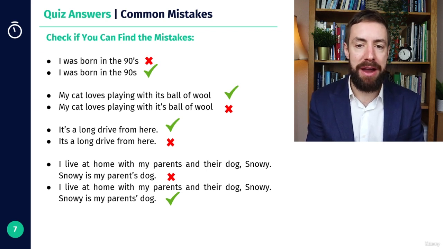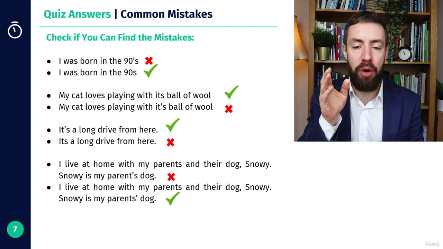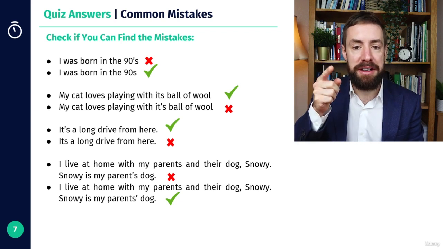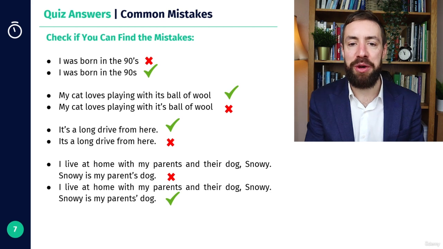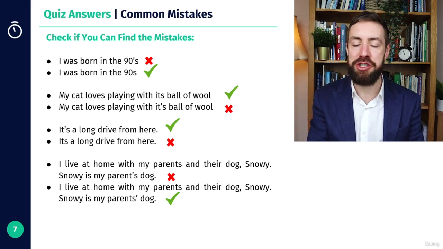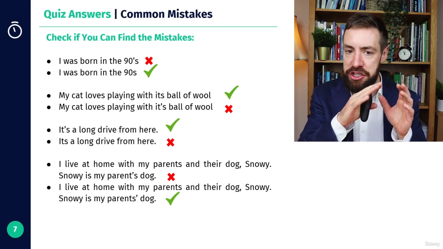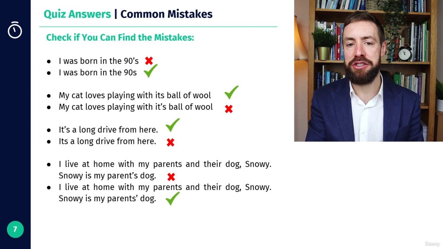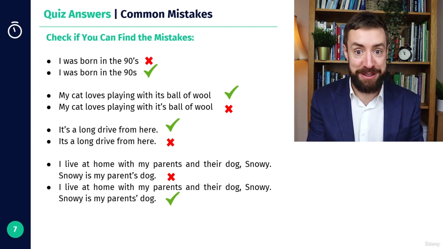Snowy is my parents' dog. So it's parents, more than one parent, mum and dad. And then it's apostrophe after that. All right? Because we're not going to add that extra S, just like Francis's course and Jess's class. We're not going to add the extra S after parents. So the second one is correct.